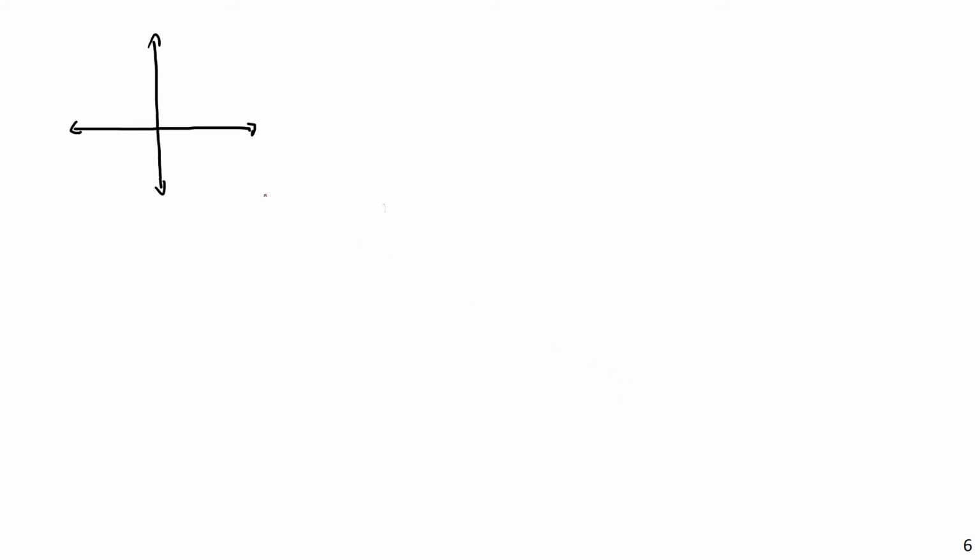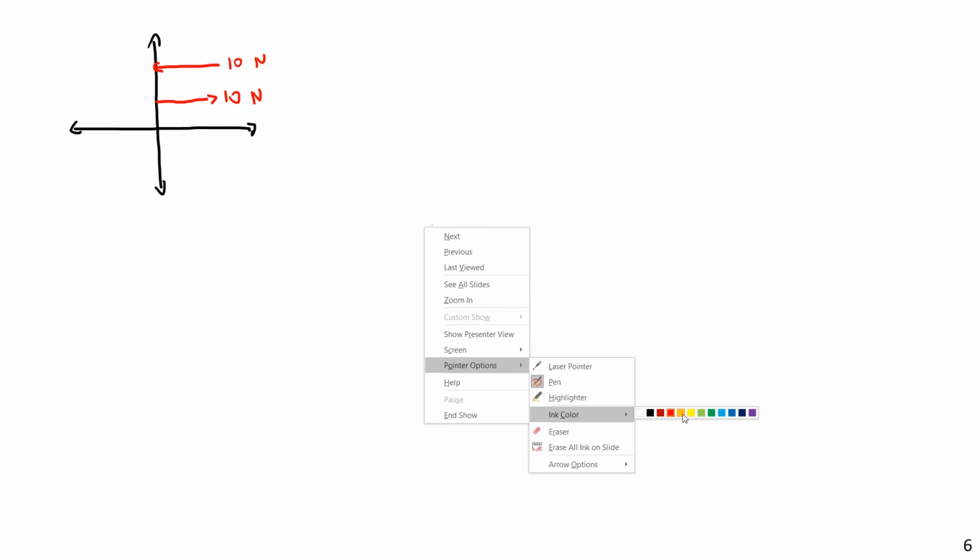So I want to show what would happen if you have something like this. Let's consider equal and opposite forces. Let's say we had a 10 Newton force and a 10 Newton force there. And let's consider a few dimensions.